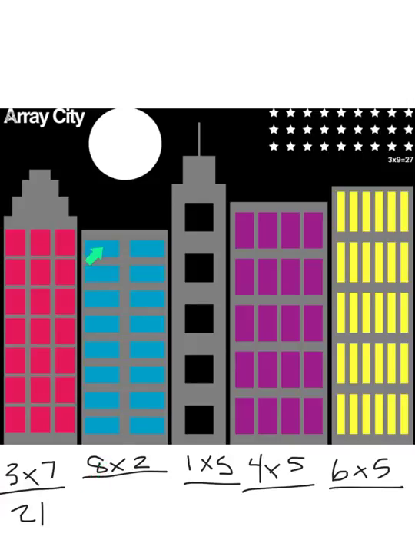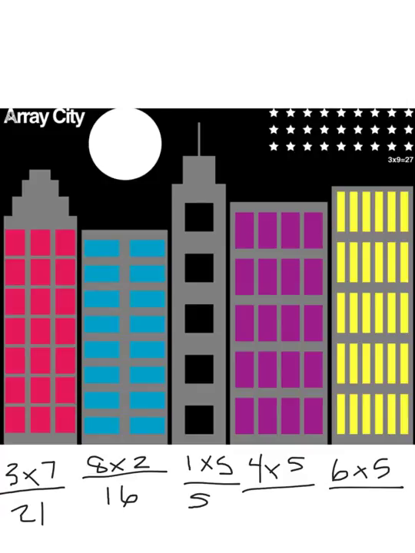Here we have 8 times 2. So 2, 4, 6, 8, 10, 12, 14, 16. So 8 times 2 equals 16. My next problem, I have 1 times 5. 1, 2, 3, 4, 5. That was easy. 1 times 5 is 5. Our next building here, we have 4 times 5.